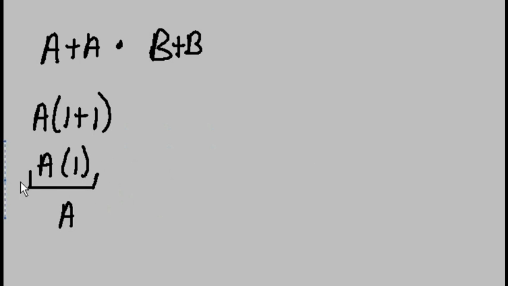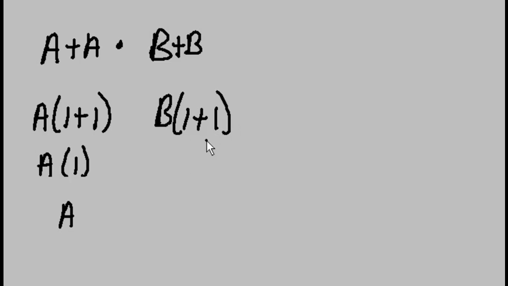It's that simple. Now let's concentrate on B or B. B or B, simplified just like the A, becomes B times 1 or 1. 1 ORed with a 1 is always a 1. So you get B ANDed with 1.